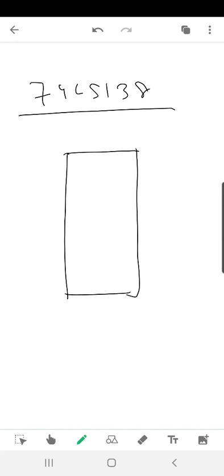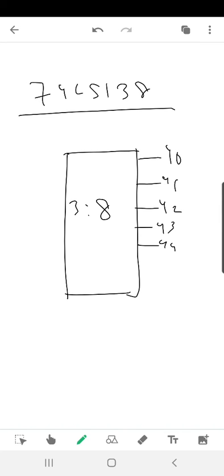First of all, it is a 3:8 decoder, so we will have 8 outputs, of course. So we will have Y0, Y1, Y2, Y3, Y4, Y5, Y6 and Y7. Now the inputs for this decoder: this is a three input decoder, but we will have 6 input lines.